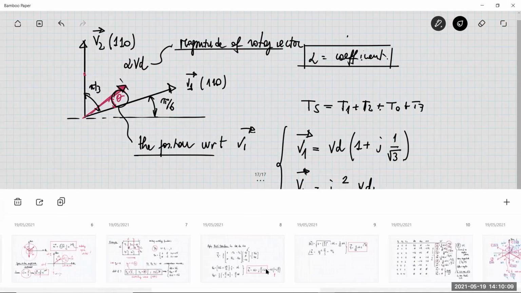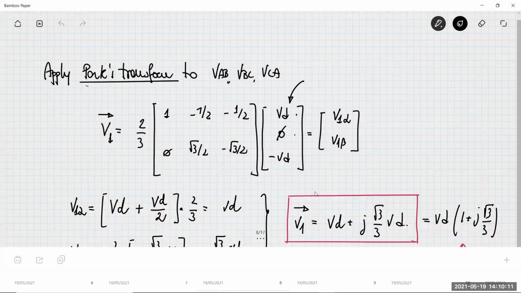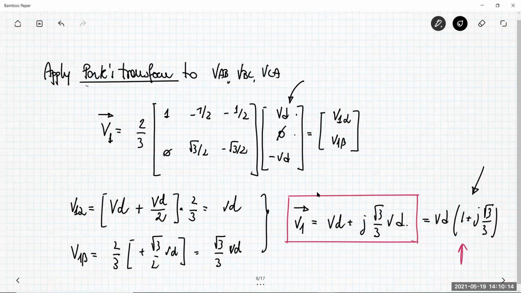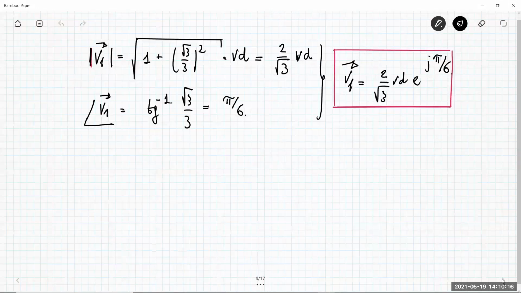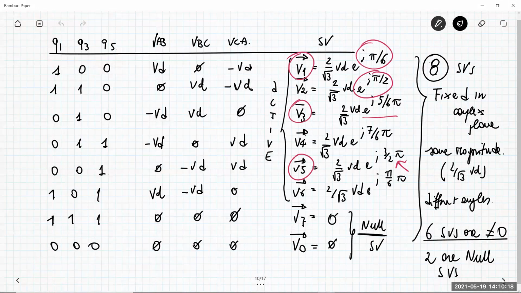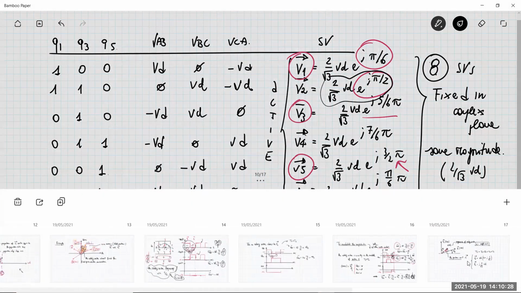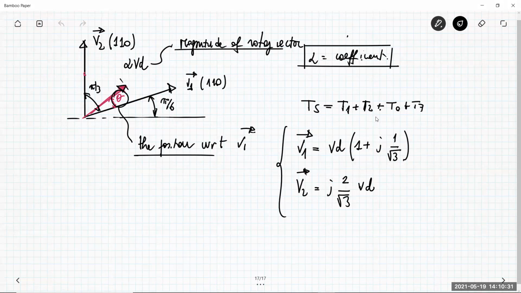For example, V1 was computed here, and V2 was computed here this way. Exponential j pi divided by 2 is simply j, the imaginary unit. So we have this expression. And what about V0? V0 is identically 0, and V7 is identically 0 as a representation in the space vector plane.